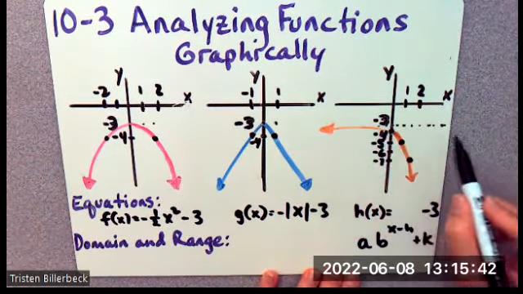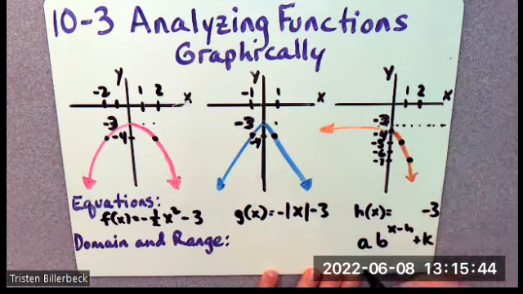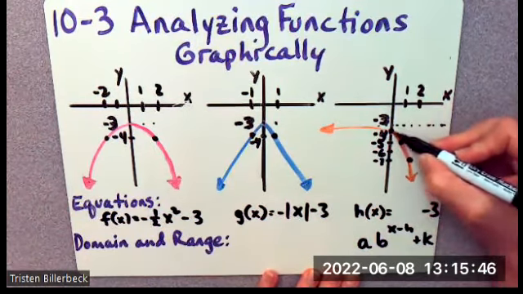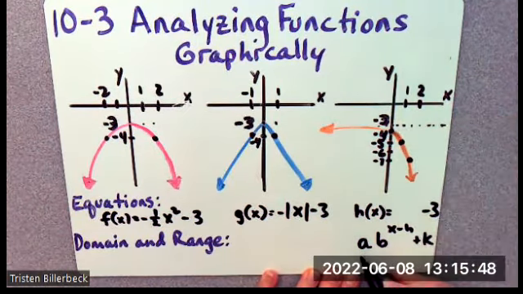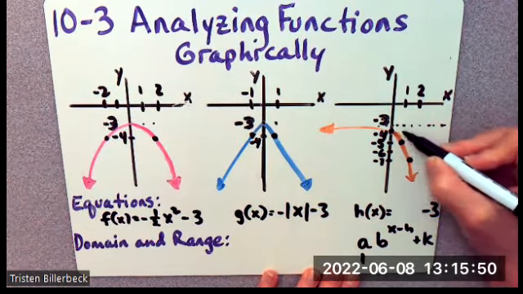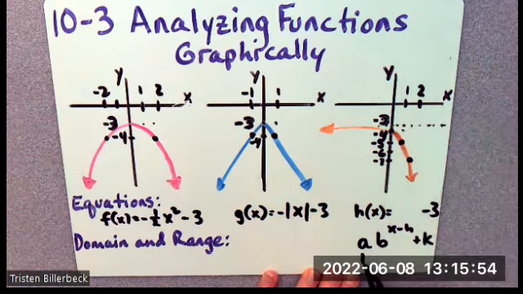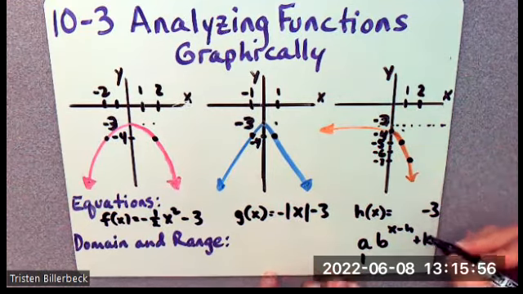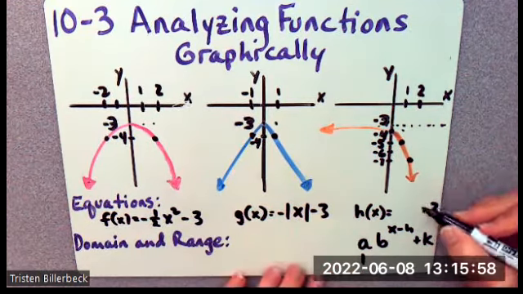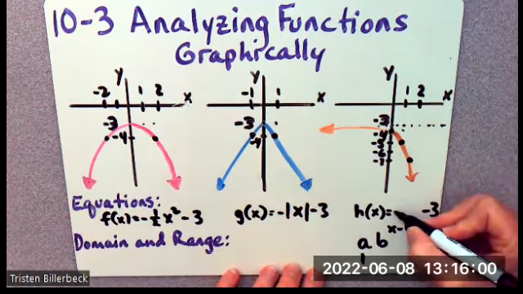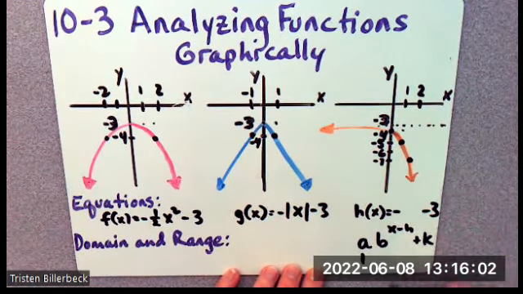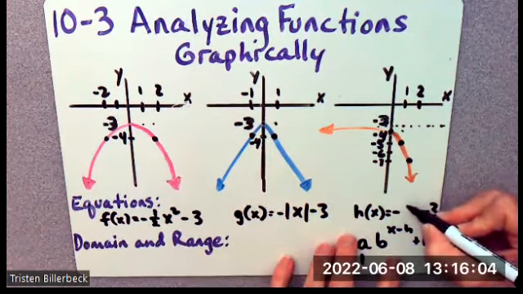So this is an asymptote. Then it does look like, since this is a 1-to-1, that this a is a 1. See how we move 1-to-1? So that's a 1. And then we have a negative reflection.